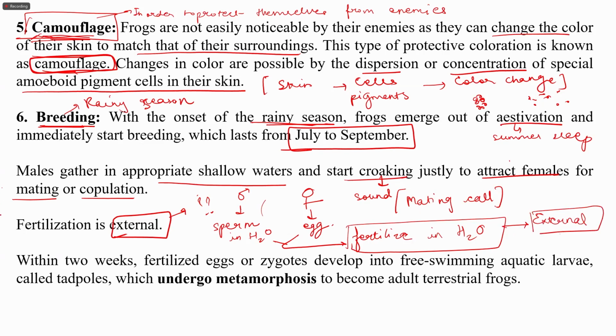Within 2 weeks, fertilized eggs or zygotes develop into free swimming aquatic larvae. We know the specific name of the larva of frog is tadpole.